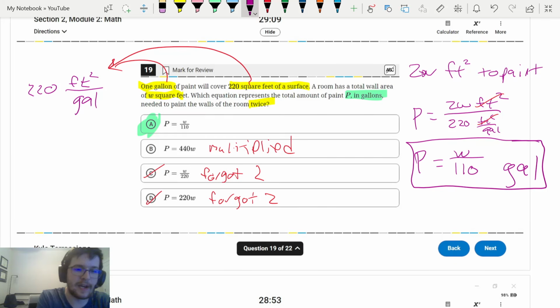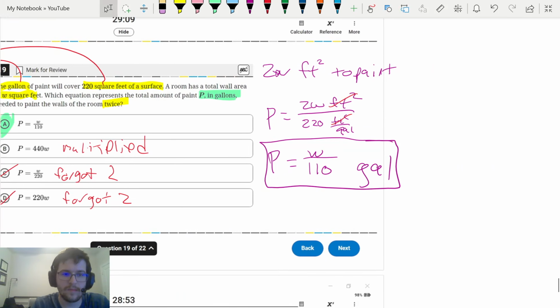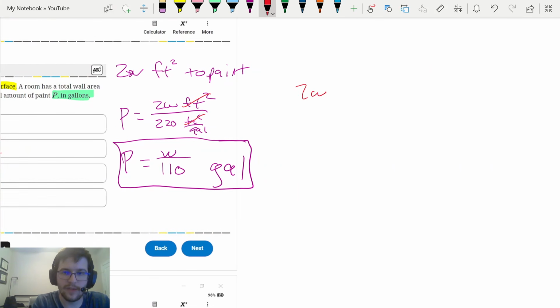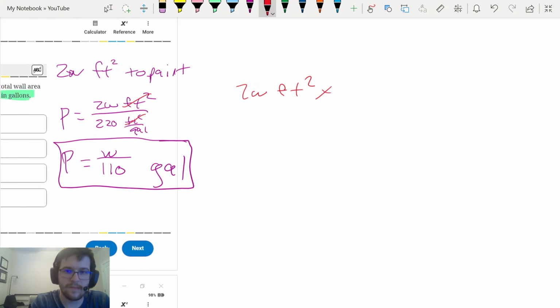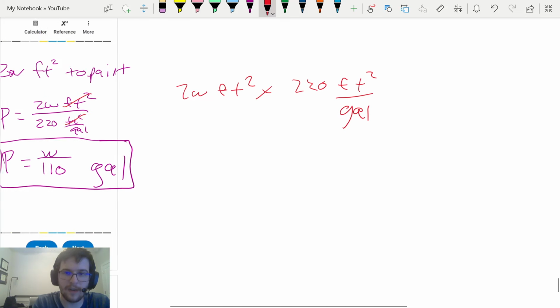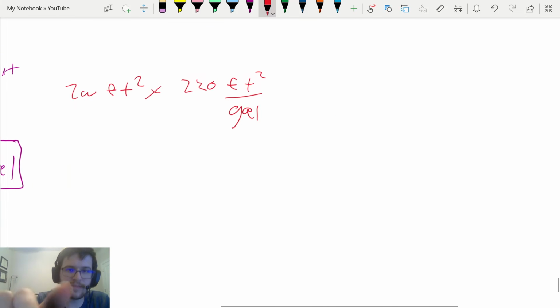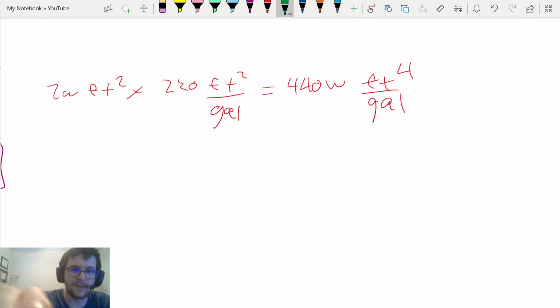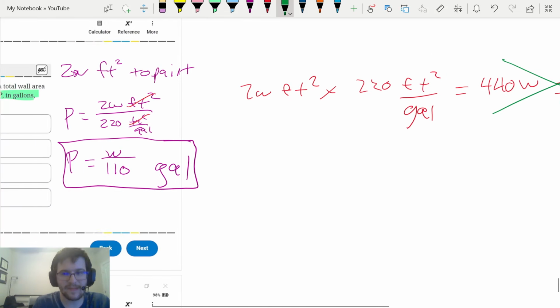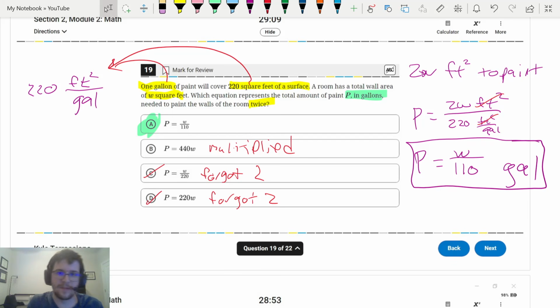If you multiply, watch what happens. 2W feet squared times 220 feet squared per gallon. If you multiply these, you get 440 W, right? But the units don't cancel, so you get feet to the 4th per gallon. That doesn't make any sense. What the heck is feet to the 4th? Okay. So anyway, so B is wrong too.